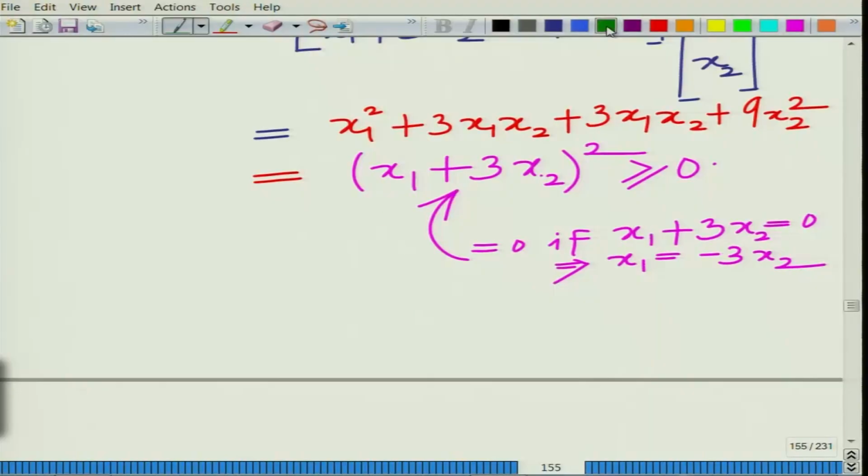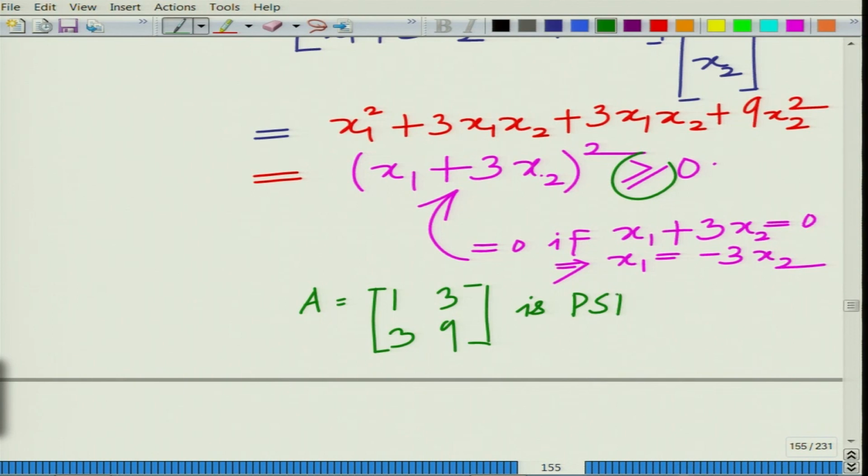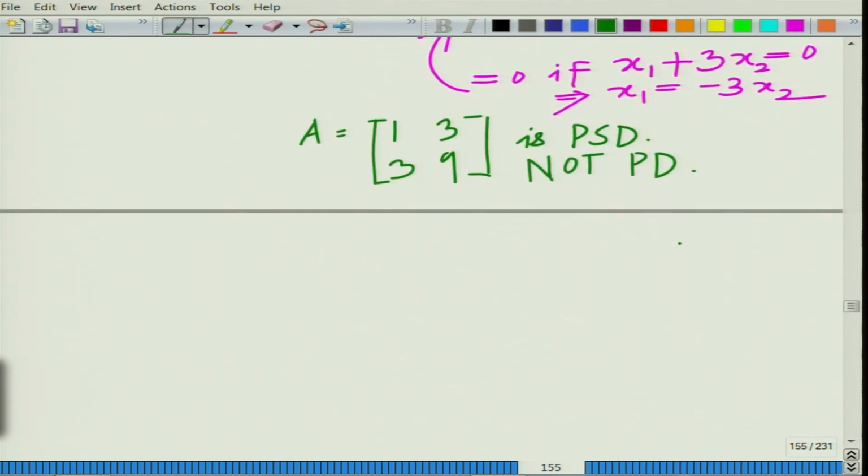So, this matrix A equals 1, 3, 3, 9 is PSD, not PD, since this can be equal to 0 whenever we have a vector x bar such that x1 equals minus 3x2. So, A is in fact a positive semi-definite matrix.